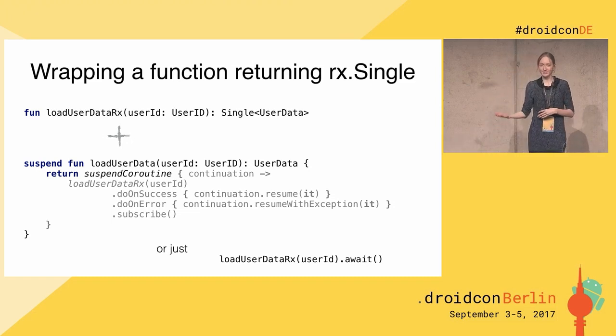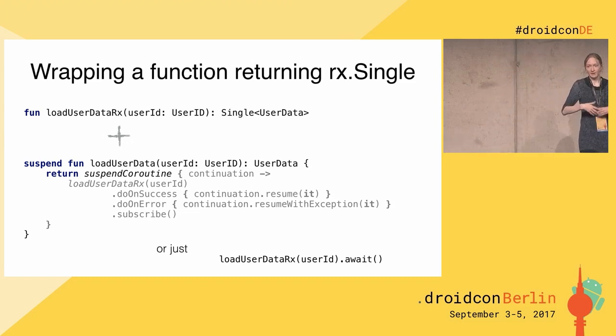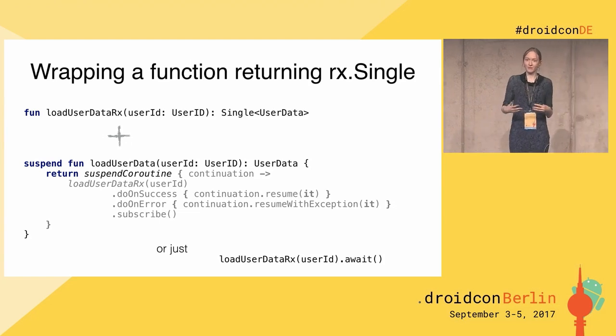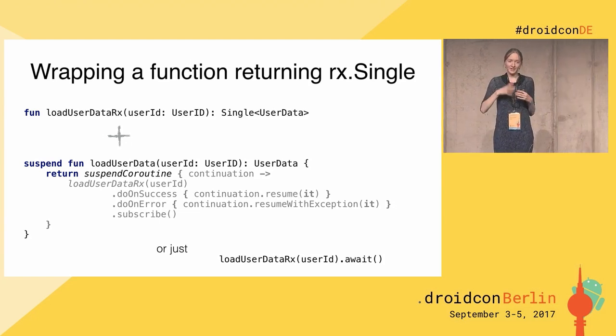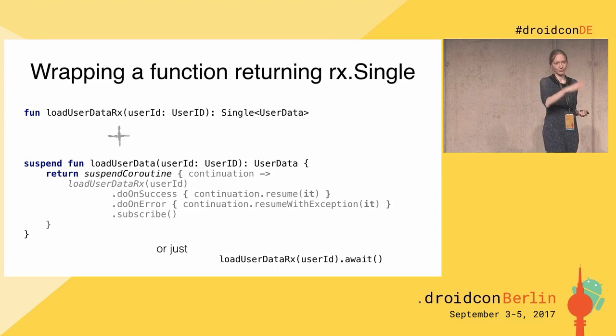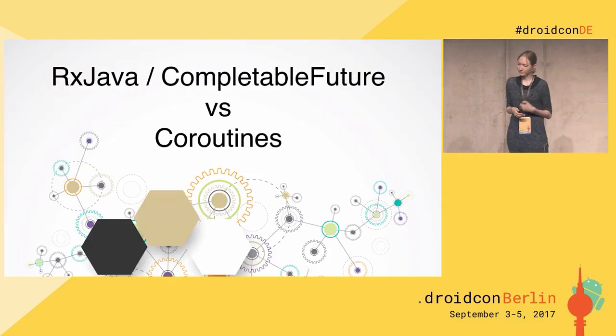Kotlin has extensions, and with extensions we can provide this very native experience. await is not a keyword, it's just a function, so you can declare this function for all the types of futures that you have in your projects, and that will work.